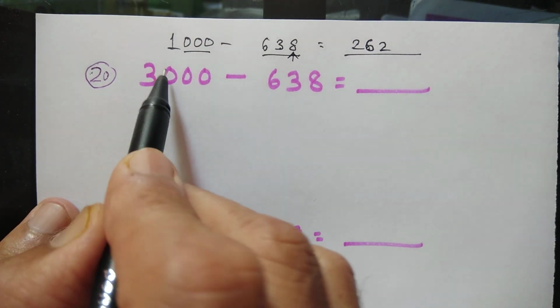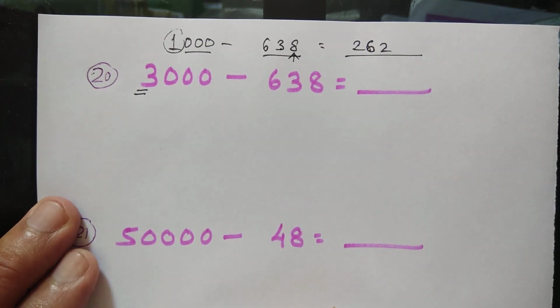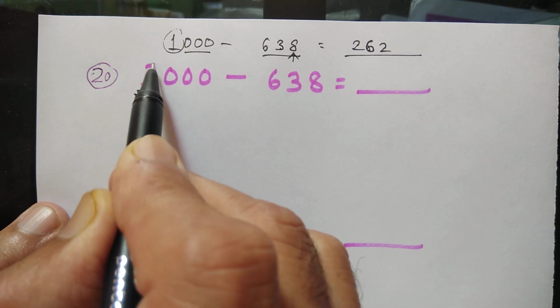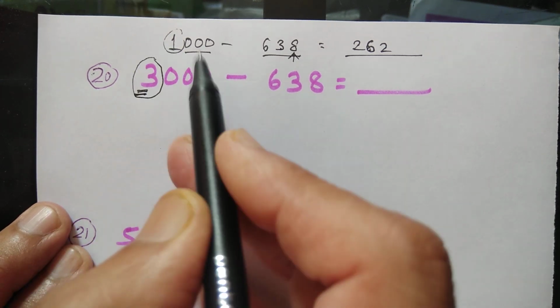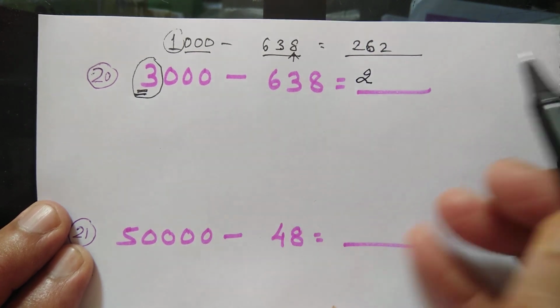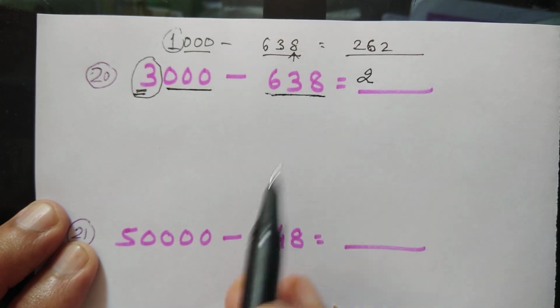But when the number is other than 1 here, then what will we do? First of all, subtract 1 from this number. 3 subtract 1 is 2 first. Here 3 digit number, here 3 digit number.